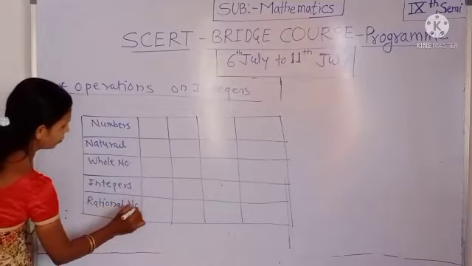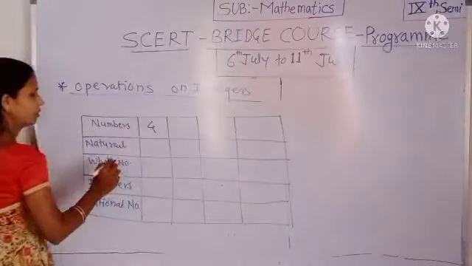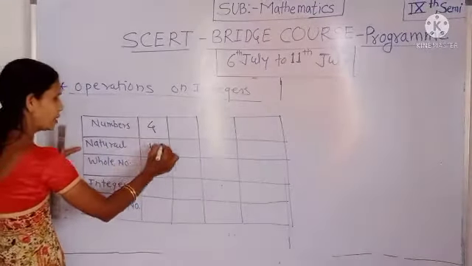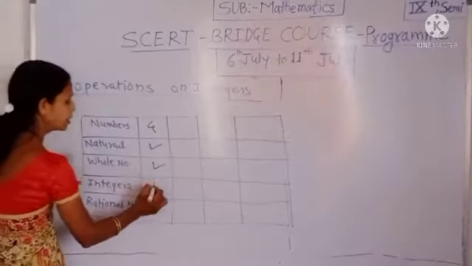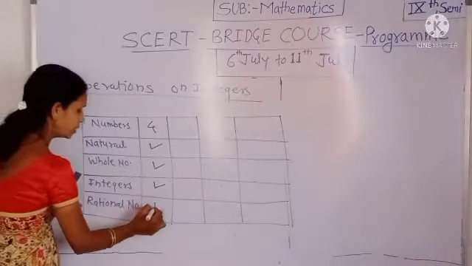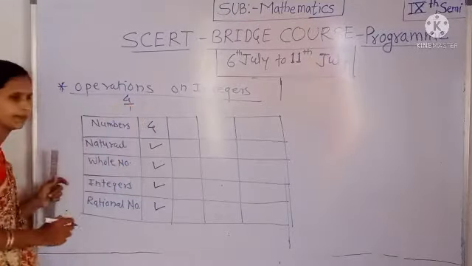Rational numbers. Then see here, 4 is a natural number, it is a whole number, it is an integer, as well as it is a rational number, because that 4 is written like 4 upon 1.